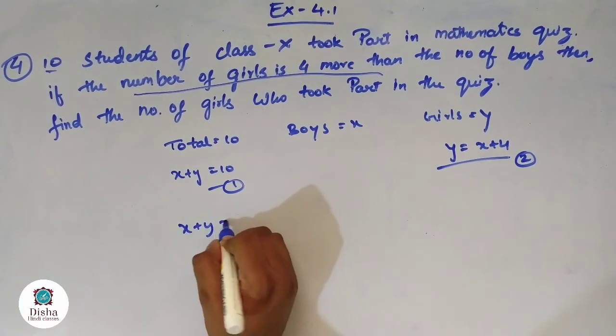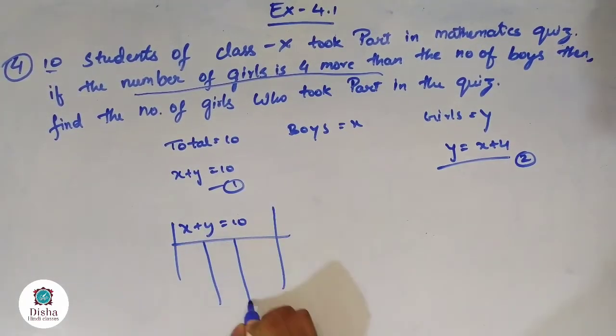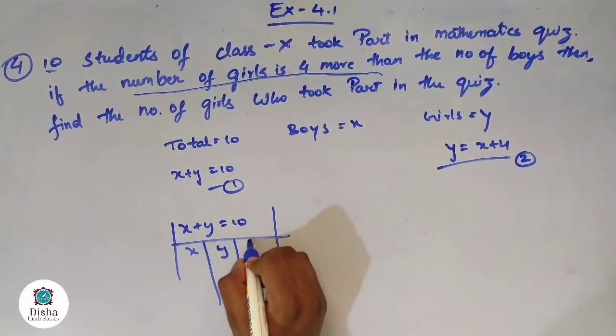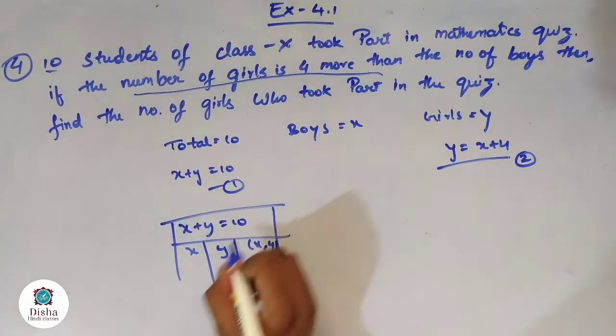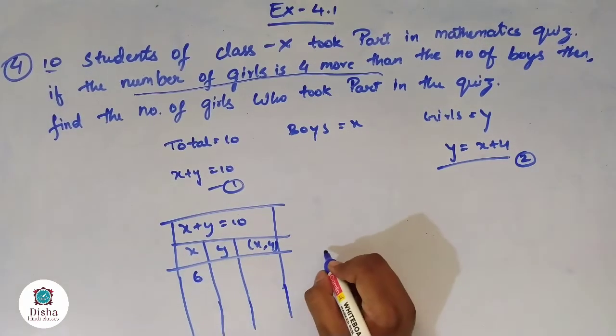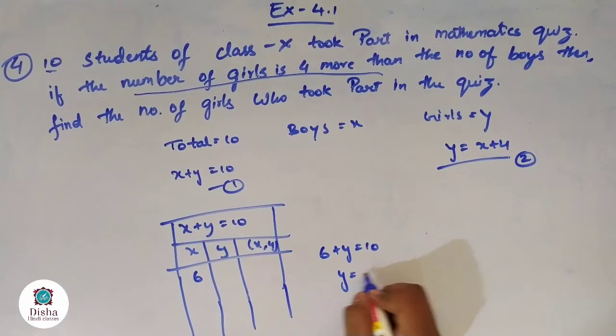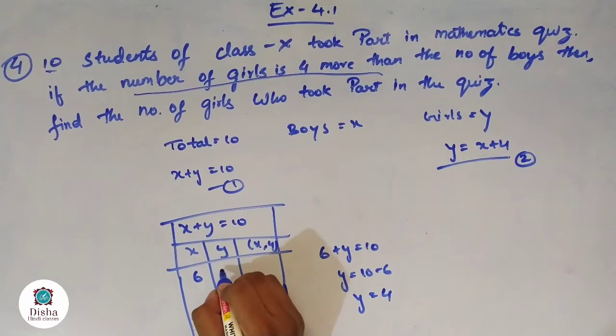X plus Y equals to 10. X, Y and X and Y. Right? So let us take X value as 6. So 6 plus Y equals to 10. So Y equals to 10 minus 6. Y equals to 4.